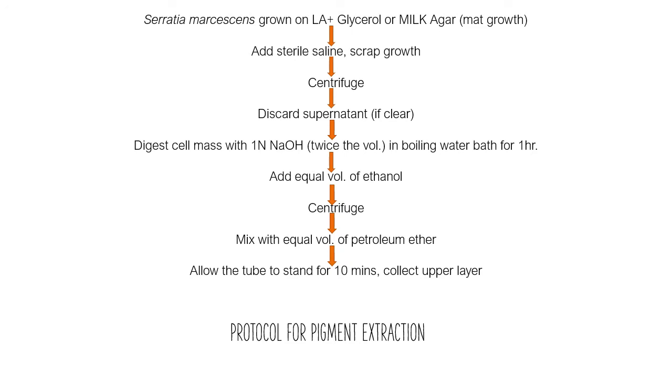If you want the pigment in liquid form with solvent, then you use it as it is, or you can further go for drying that particular pigment. Say for example here prodigiosin, you can go for evaporation of the solvent and you will get the dry pigment form. Okay, so this is the protocol for pigment extraction.